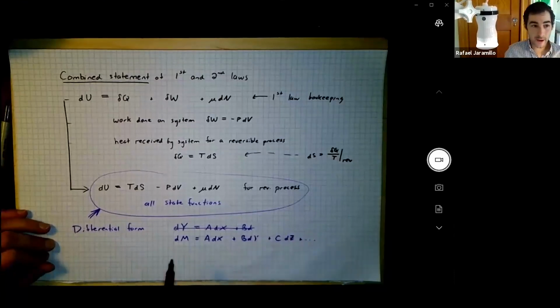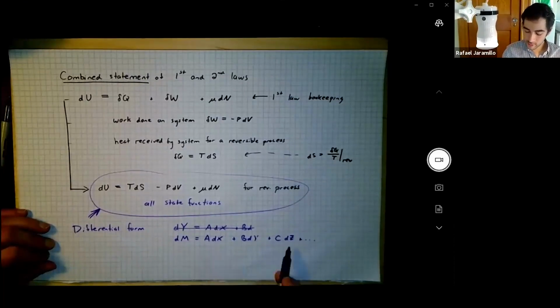We're going to use a lot of these in this class. This is a total differential, right? And these a, b, and c are coefficients.